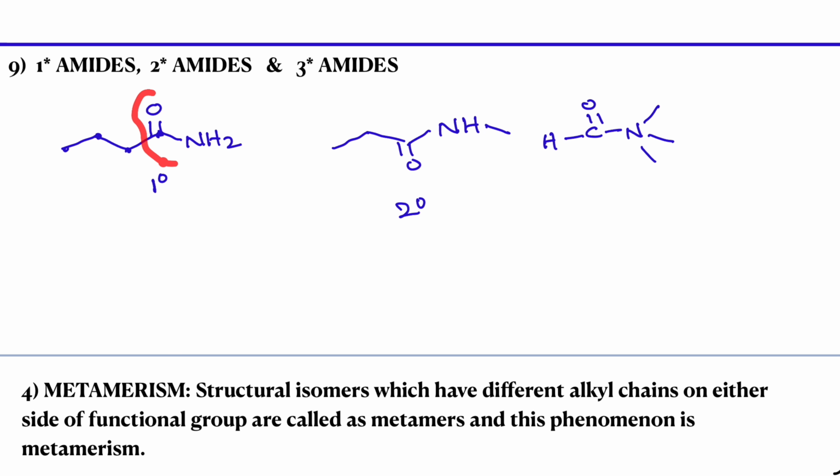But this is a 1 degree amide, this is a 2 degree amide and this is a 3 degree amide. Primary, secondary and tertiary amides are functional group isomers. So these are the different types of examples for functional group isomers. And the most important point is, once the functional group is different, don't check the remaining parameters like length of carbon chain and position. Once the functional group is different, they are said to be functional group isomers.